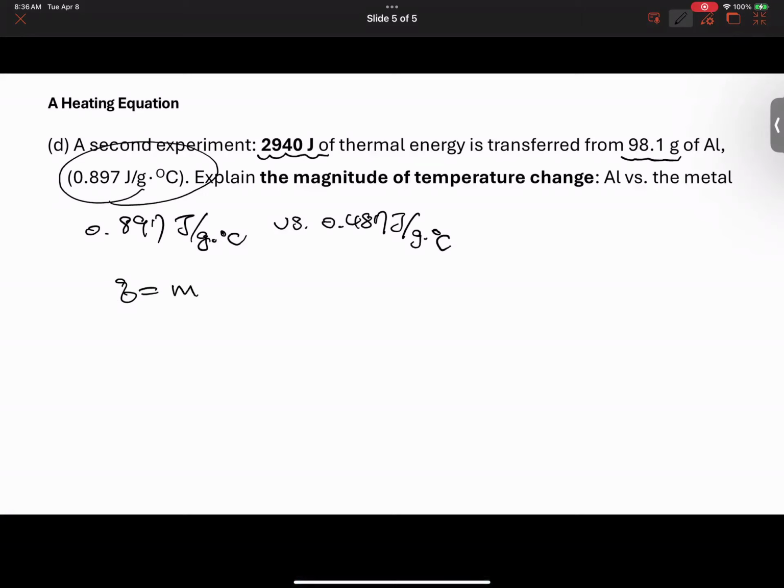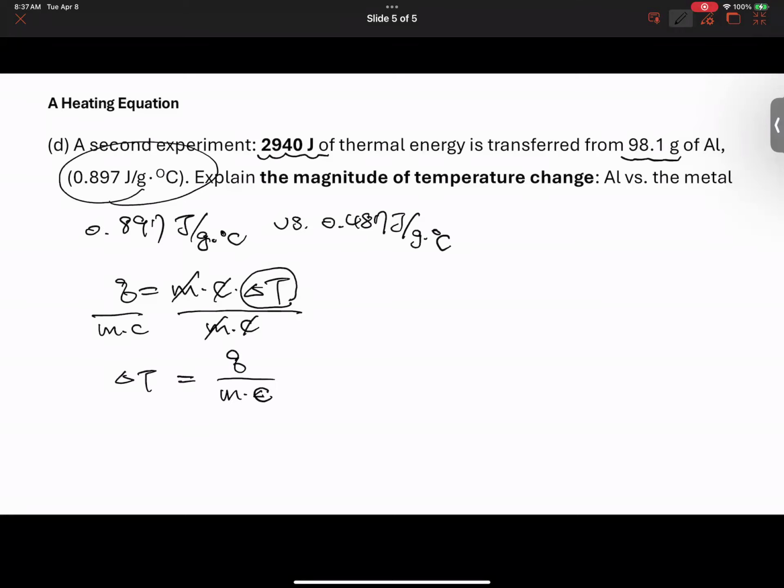Okay, then let's get started with the heat equation again. Q equals m c delta T, mass times specific heat times delta T. Here it is asking about temperature change, so we'll be focusing on delta T. Let's divide both sides by m c, then mass cancels out, specific heat cancels out. Delta T is equal to the amount of heat over mass times C. Here the amount of heat is constant, and mass is also constant.